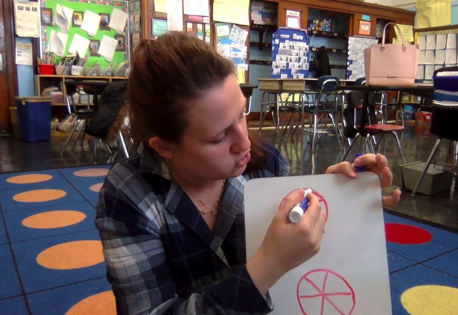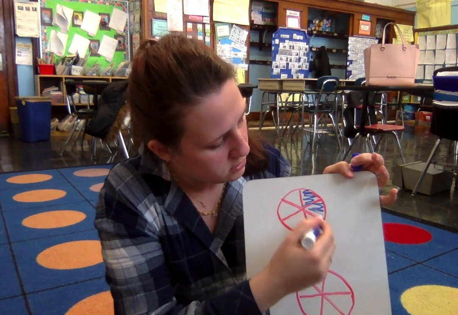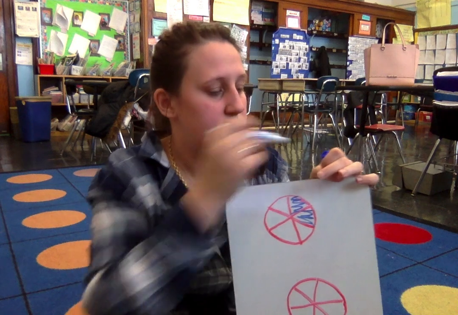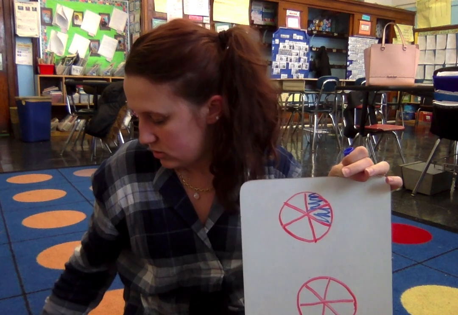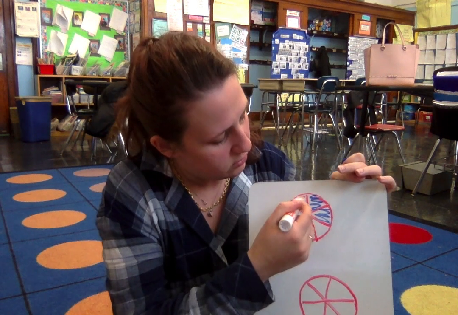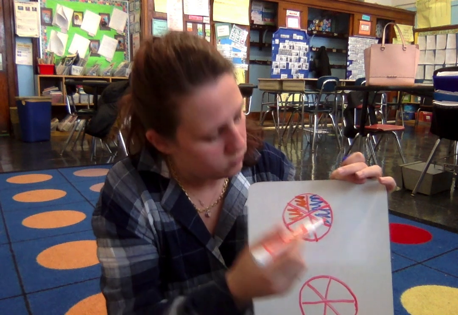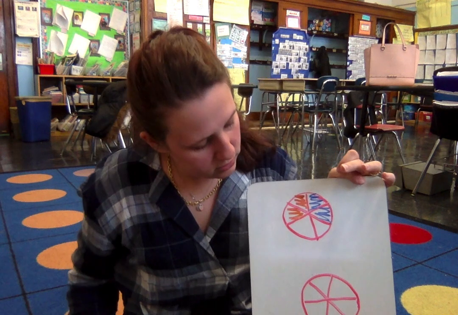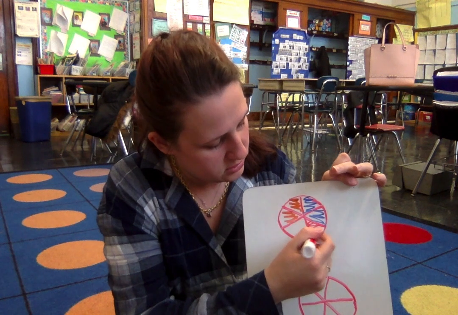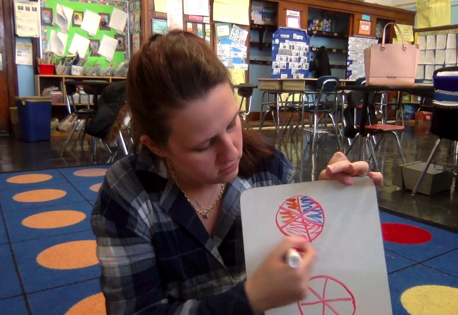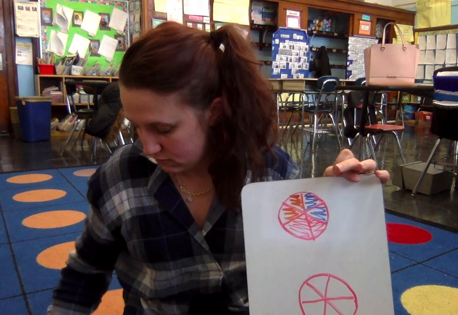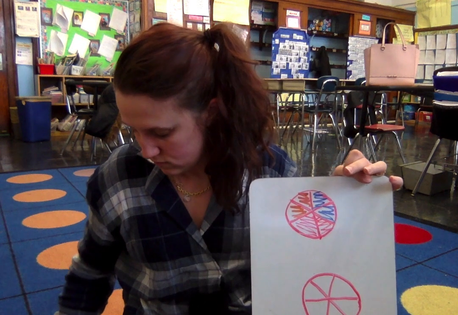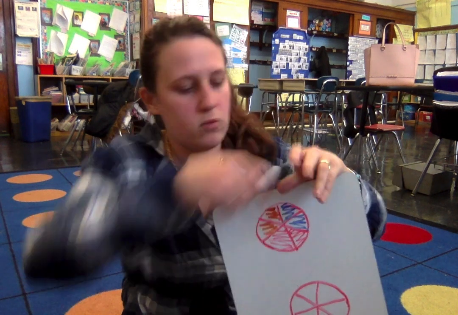So here's the first 2 sixths, that's 2 sixths right there. Now let's use a different color. Here's the second one, that's 2 sixths right there. Here's the third one, that's 2 sixths right there. The fourth one, oh, I can't get my marker open.